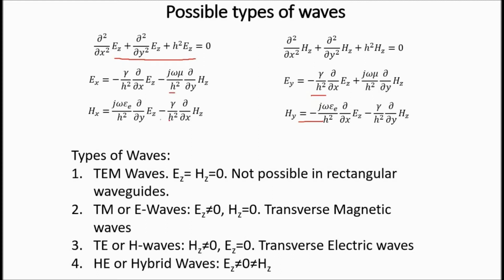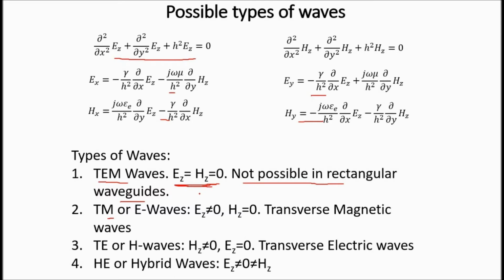Now if the wave is a transverse electromagnetic wave, that means Ez and Hz both are 0. In TEM waves there is no z component. But in a rectangular waveguide, TEM waves are not possible, because for TEM waves both Ez and Hz must be 0.